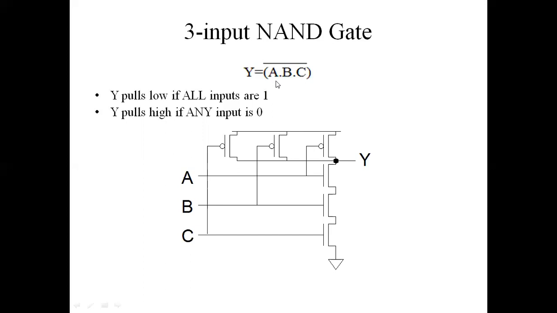Since there is the ANDing operation A dot B dot C, the NMOSes are connected in series. This is the NMOS for the input A, this is the NMOS for input B, and this is for input C. And these are connected in series. So reverse condition for the PMOS, the complementary action is there. PMOS are connected in parallel. So this is the implementation of 3 input NAND gate.